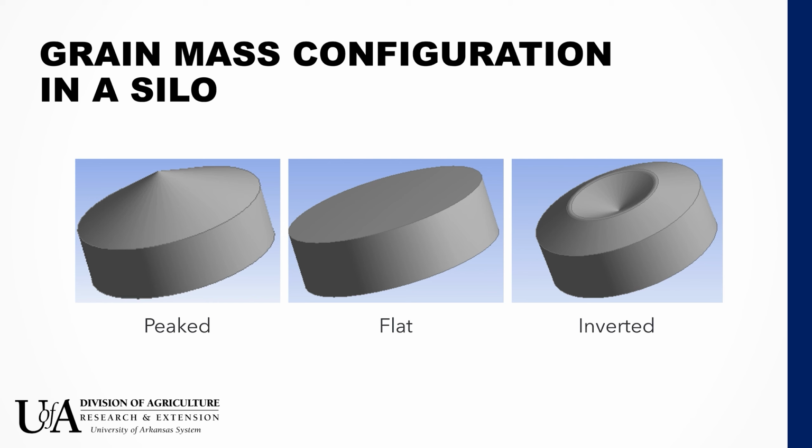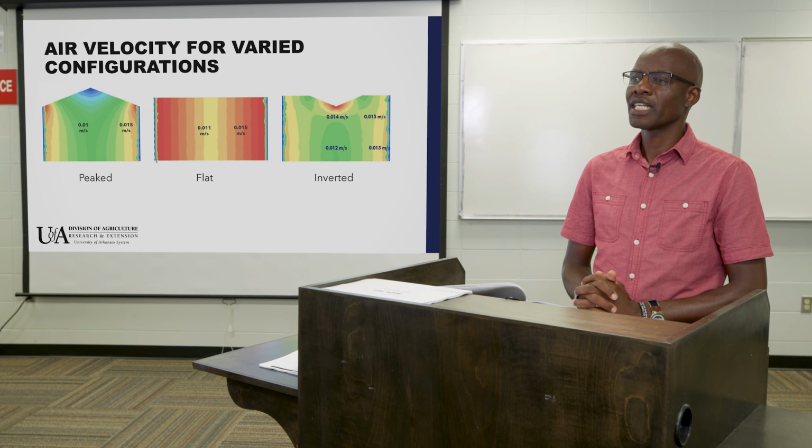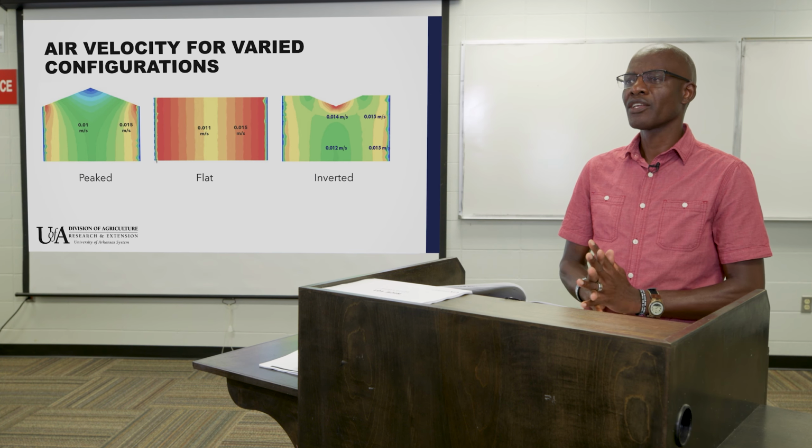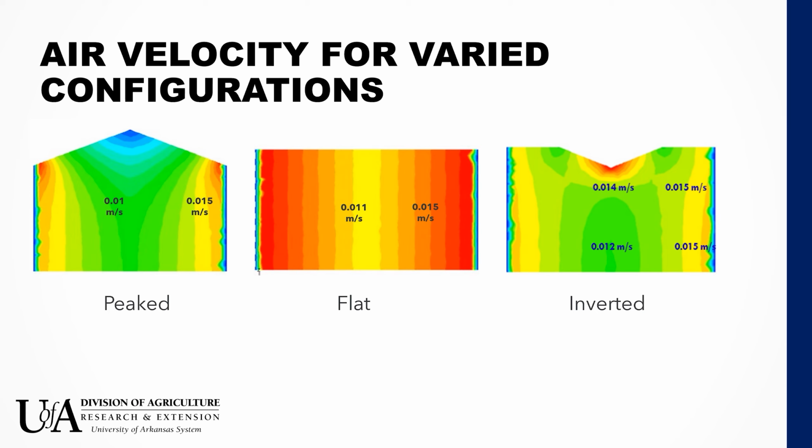And so you can see these shapes obviously are going to influence the movement of the air within this grain mass. Now, in the next slide is a simulation that we have done to map out the airflow patterns within different configurations. You can clearly see that in a peaked configuration, we tend to have more variability in the airflow at the central part and at the conical part of that bin, as well as on the sides of that bin.